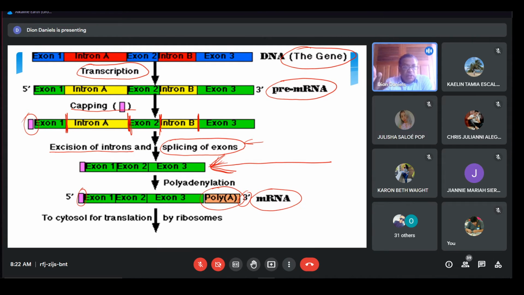I also said a while ago, prokaryotes do not have introns, and hence the reason why they don't have to go through this processing. And that is the reason why translation can start even before transcription is even over. Is that understood?